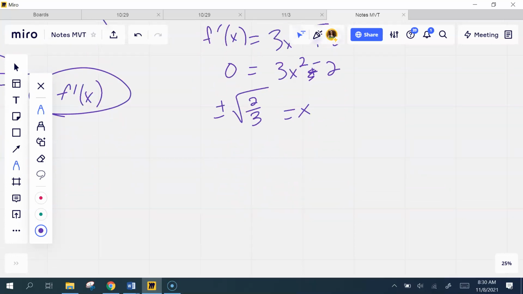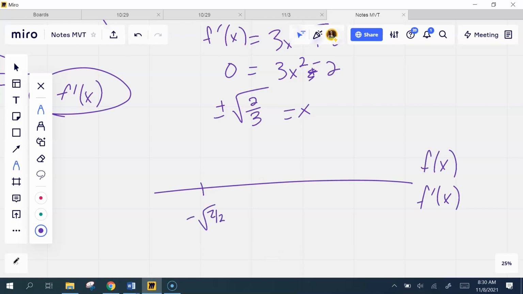So on my number line that I'm testing, I would have negative square root of 2/3 and square root of 2/3.